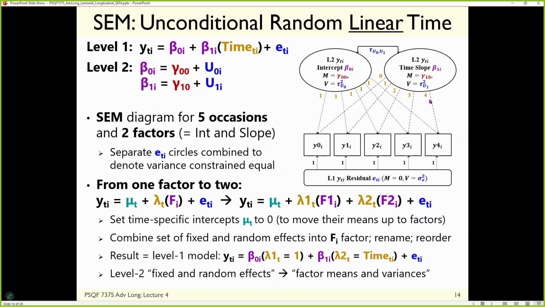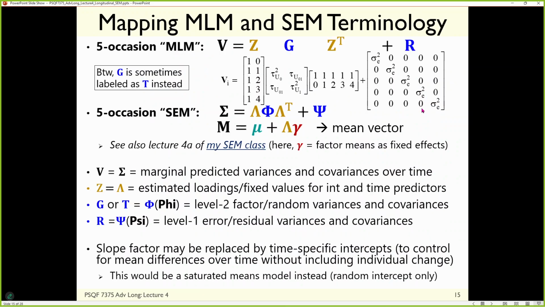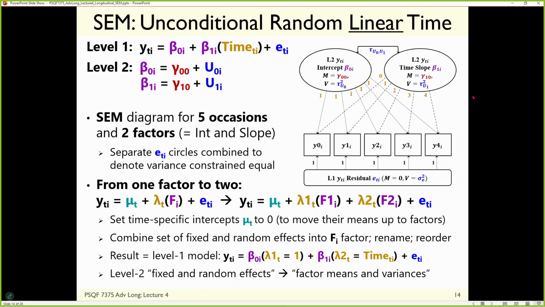If, let's say, the last occasion was 2 units in time apart, what should I put here instead of a 4? A 5, yeah. So you don't have to have equal interval data, but the numbers that you hold these loadings fixed to need to appropriately catalog the differences in time.